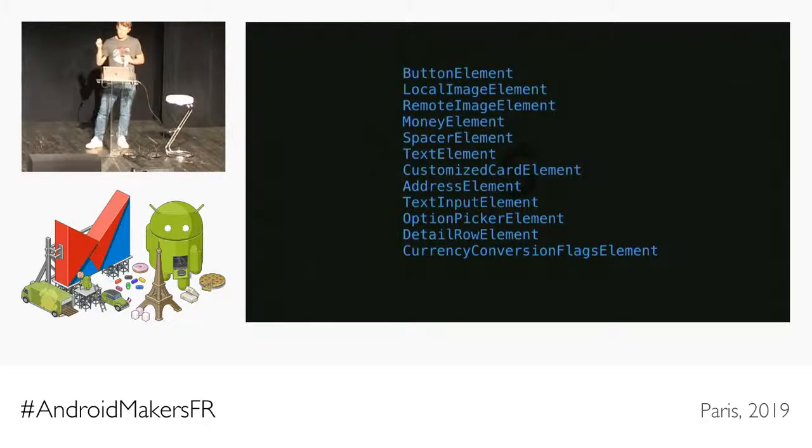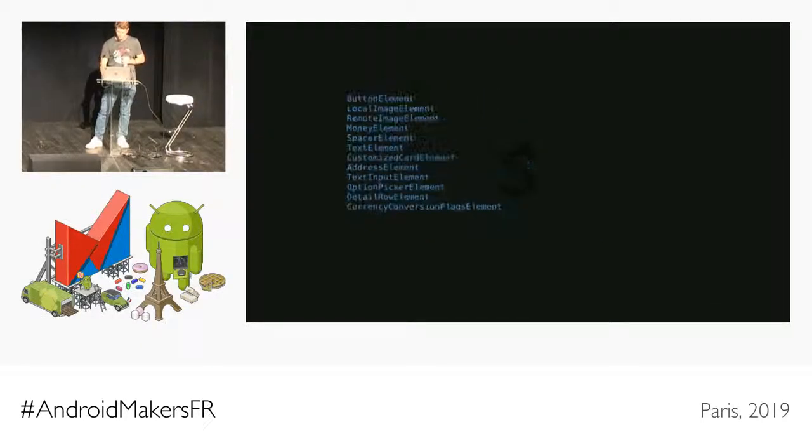And so we defined a list of possible elements, which could go from just buttons or even space. So the server would be able to really drive the way the layout happens. Money element for when we show an amount, these kinds of things. And it would be a basic vertical linear layout, so just every element from top to bottom.